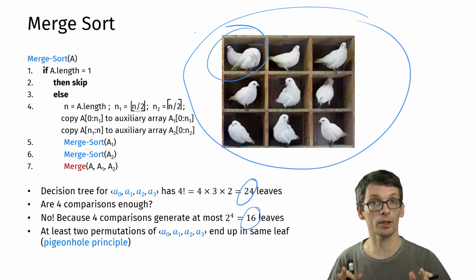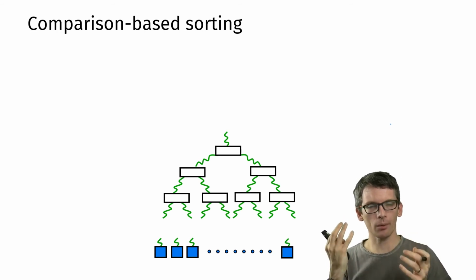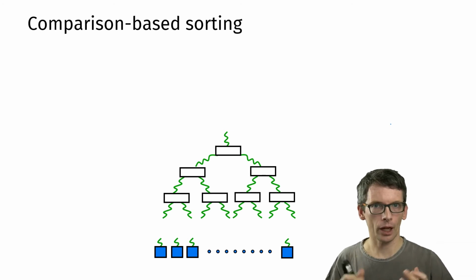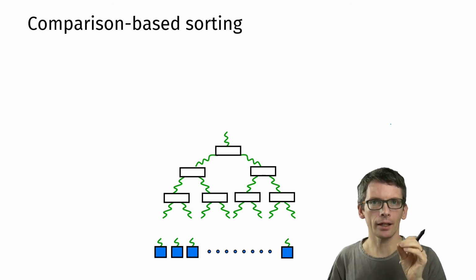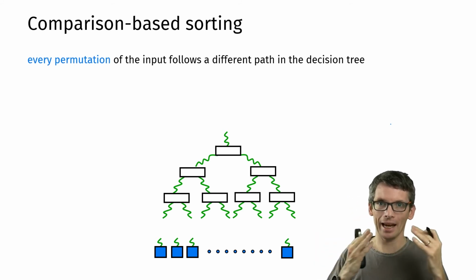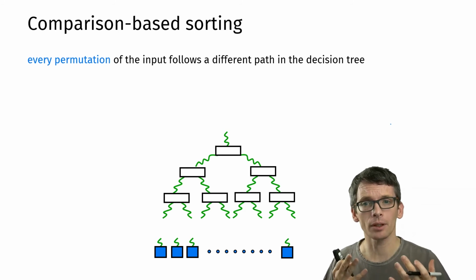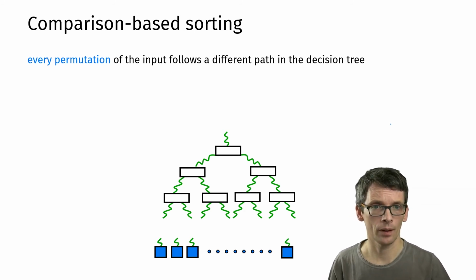That's the pigeonhole principle. So what I just showed by the example of merge sort and with 4 elements also works in general with n elements and general sorting. So if I have n elements, A0 to A n minus 1, I look at all different permutations. All different permutations of these elements will have to have different paths in the decision tree.